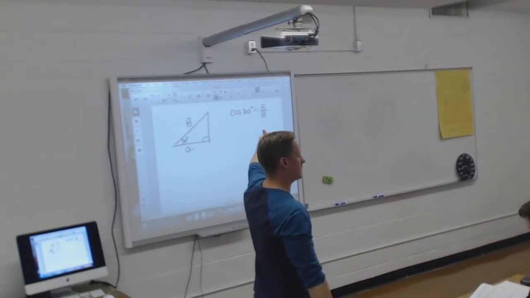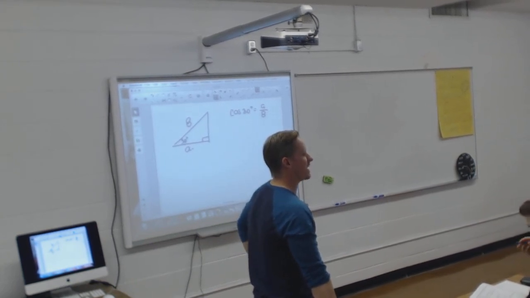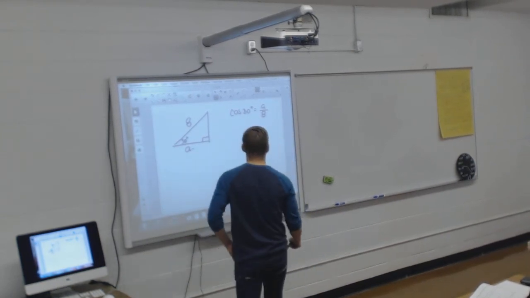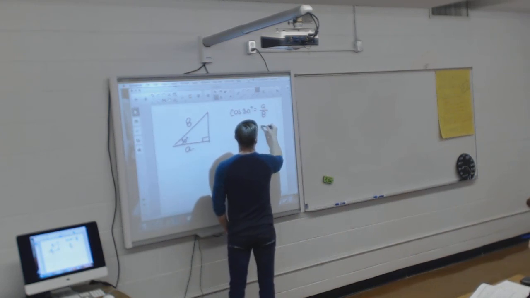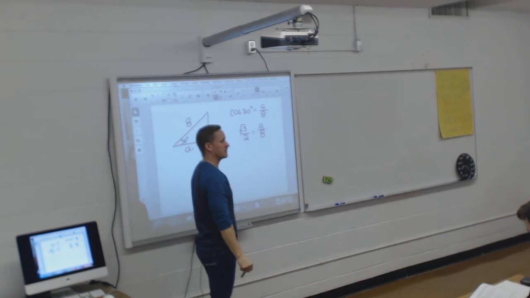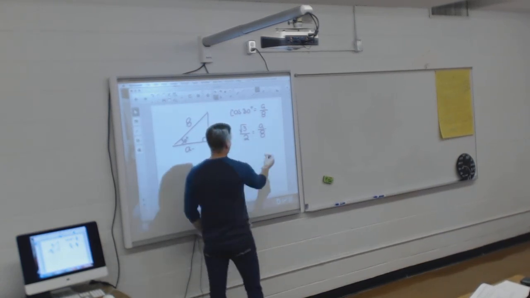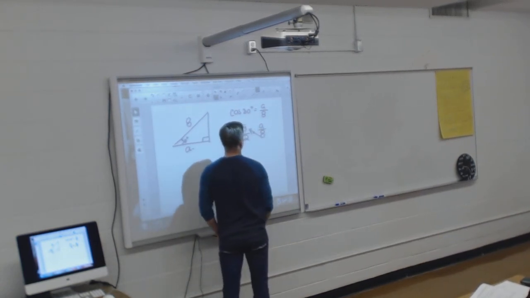We agree. Okay. What did I say the cos of 30 was as an exact value? Square root 3 over 2. So that means then that root 3 over 2 is equal to A over 8. Right? So I want to solve for A. Multiply that up to here.